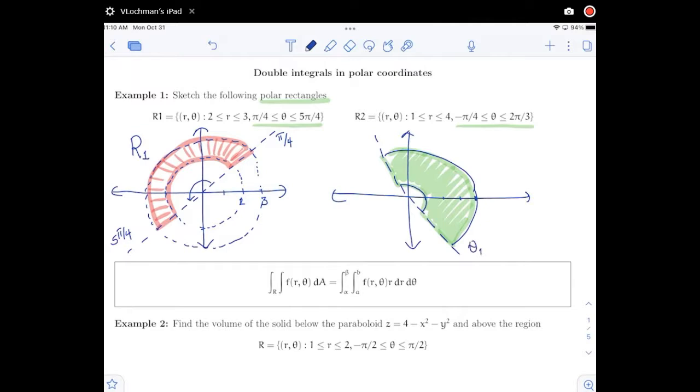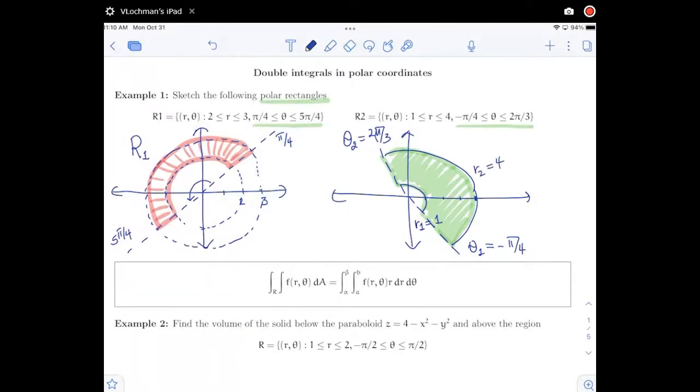So here's theta 1. You can think of it as the lower limit, negative pi over 4, and then theta 2 is 2 pi over 3. Let me label my r's. The lower limit for r would be 1, and the upper limit for r would be 4.